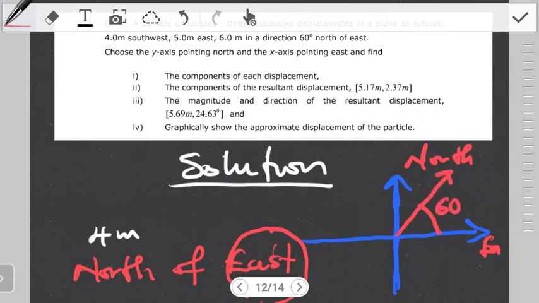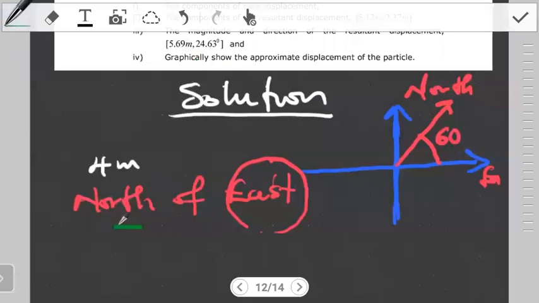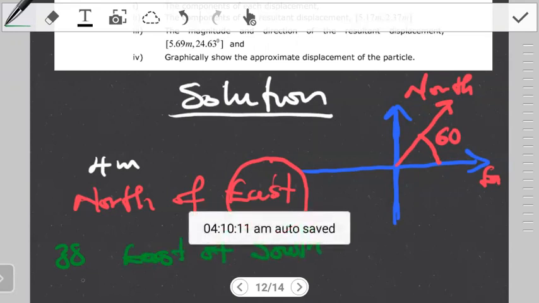If, let's change the color, if the question said, let's say, 30 degrees east of south, let's say this is how the question read.